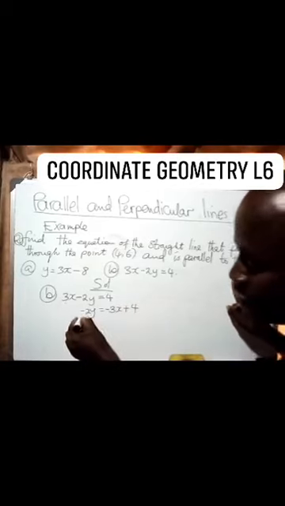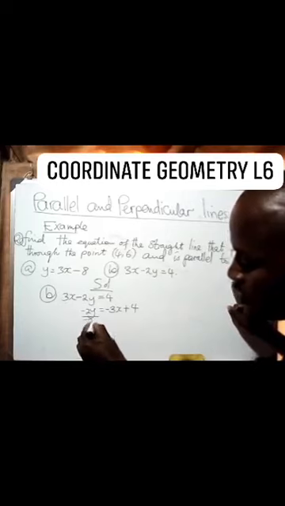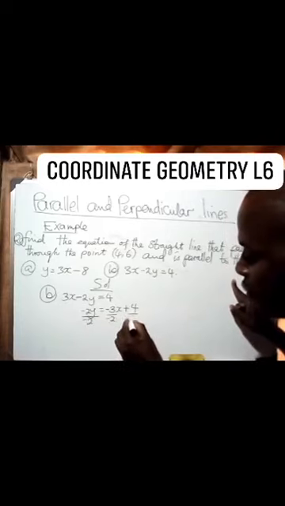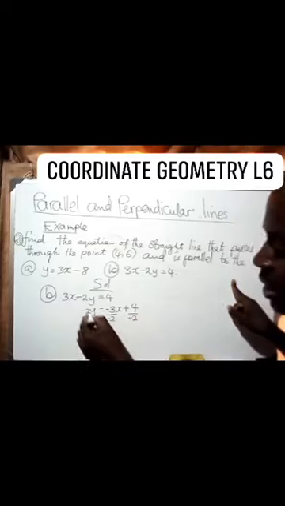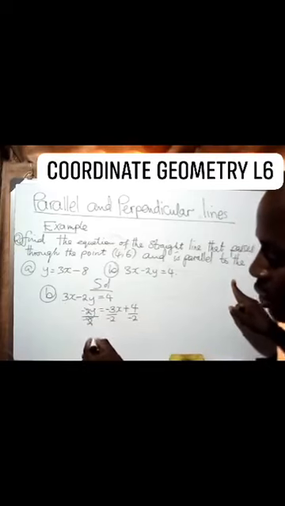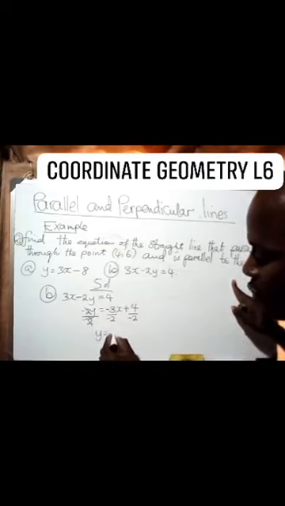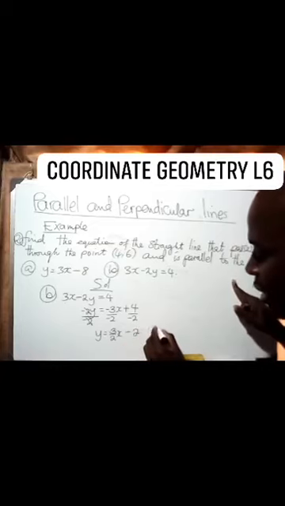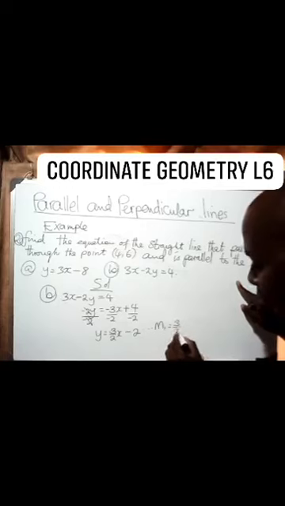What do we do? We are going to divide by negative 2, and this other side by negative 2, and the other side by negative 2. So we are going to have y is equal to 3 over 2x minus 2. Which one is our gradient there? Our gradient 1 is 3 over 2.